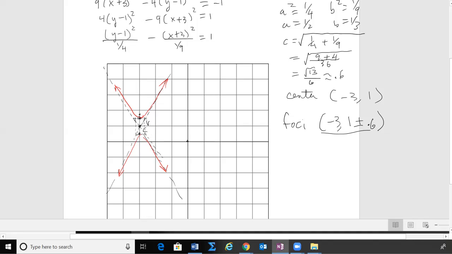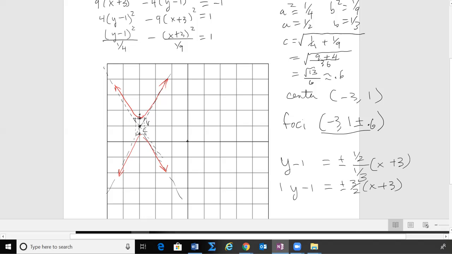And of course, if you want those equations for the asymptotes, we can easily get those too. We might as well do that as long as we got it all here. Okay, so you don't have y, but you have y minus 1 equals plus or minus. And remember, the a was the vertical distance, so a was the 1/2, and b was the 1/3, and you have an x plus 3. So this would be plus or minus 3/2 with an x plus 3.